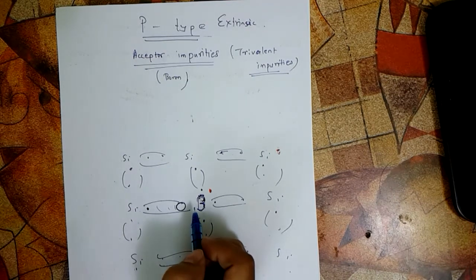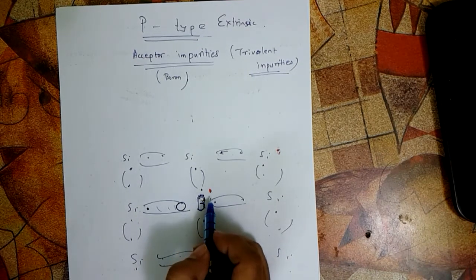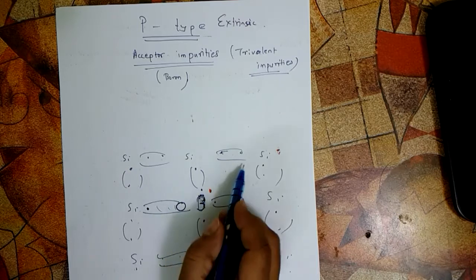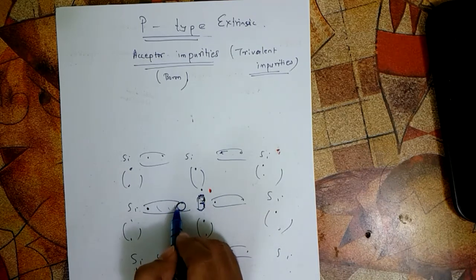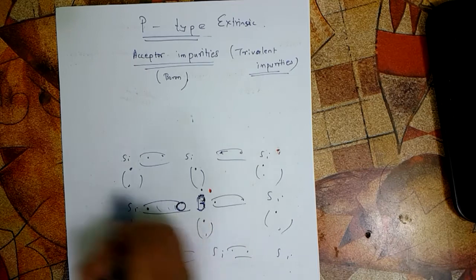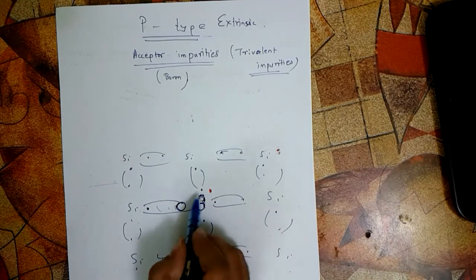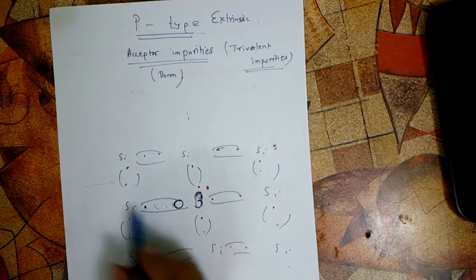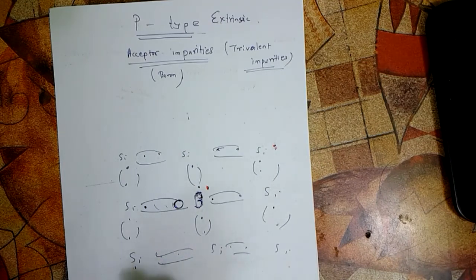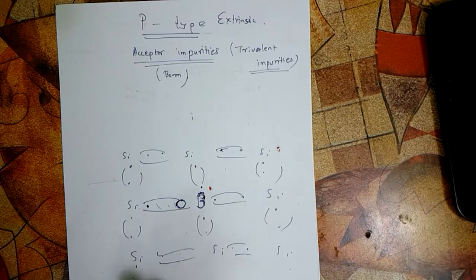and so upon the addition of each acceptor impurity or each trivalent impurity, a hole is created, a vacancy is created. And so when we apply the electric field, obviously those electrons will be able to conduct electricity in the valence band. And so in this case, what happens is the number of holes increases.